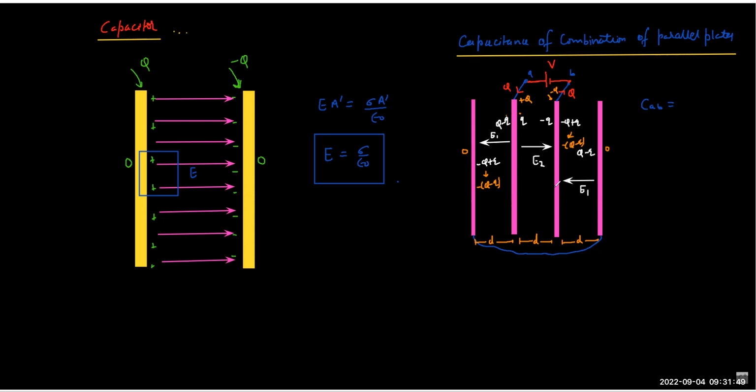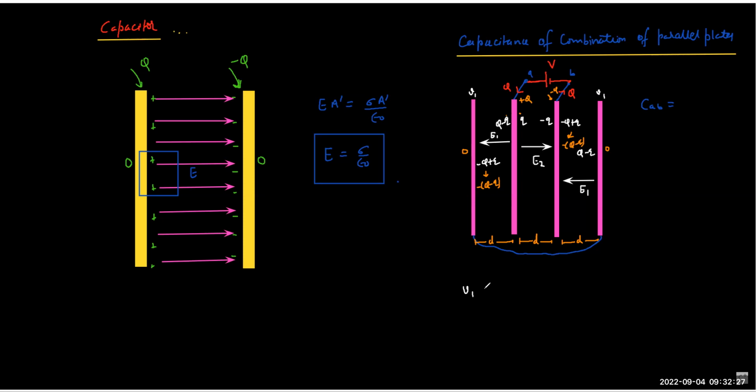Now, if you begin from the leftmost plate and reach the rightmost plate, the potential must be the same. So if I choose the potential of this as V1, can we say this is also V1? Yes. So we go from leftmost to rightmost and write the equation. Beginning from the leftmost V1, if I move one step ahead, we need to move against the field, right? E1.